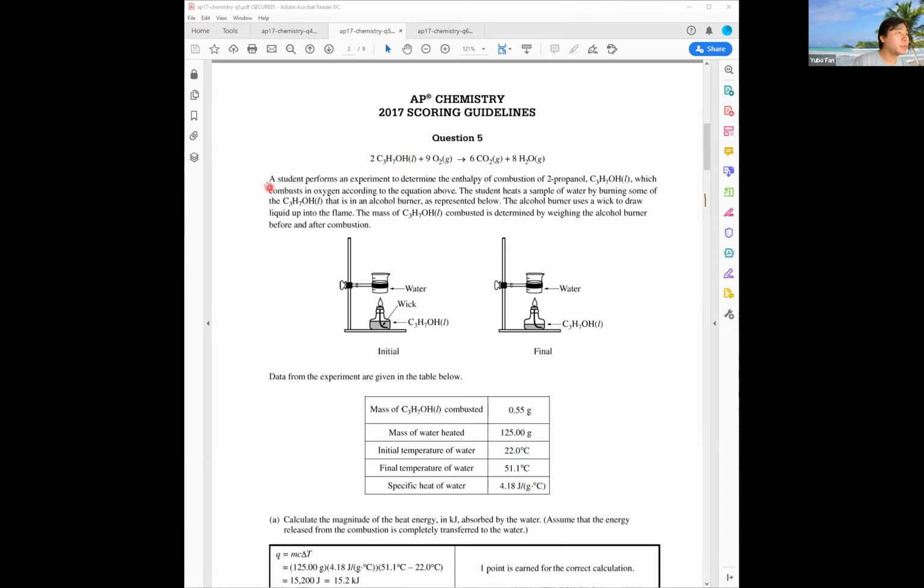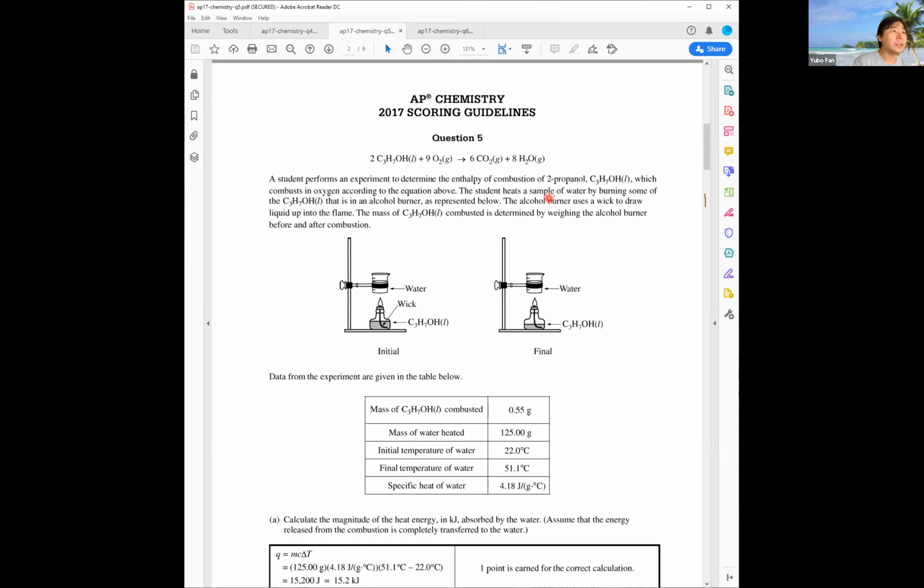So the question is here. A student performs an experiment to determine the enthalpy of combustion of 2-propanol, which combusts in oxygen according to the equation above.